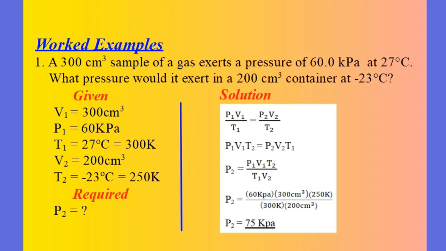The other given quantities are the final volume V2, equal to 200 cm³, and the final temperature, negative 23 degrees Celsius. This is equal to 250 Kelvin. In this problem, you are asked to find the final pressure P2.